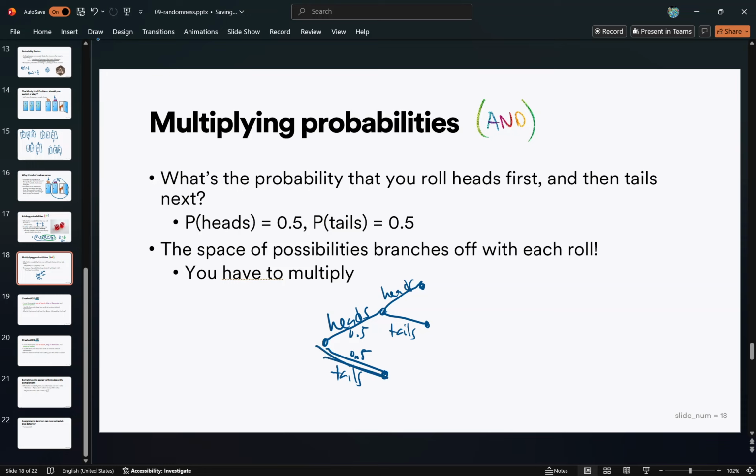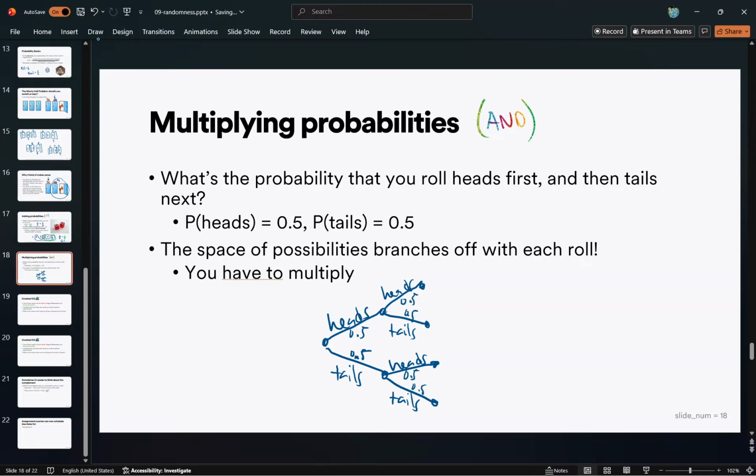And if you get tails first, you flip another coin, and you still have two more options, right? You get heads again or tails. There's a 0.5 probability for each of those, still a fair coin.